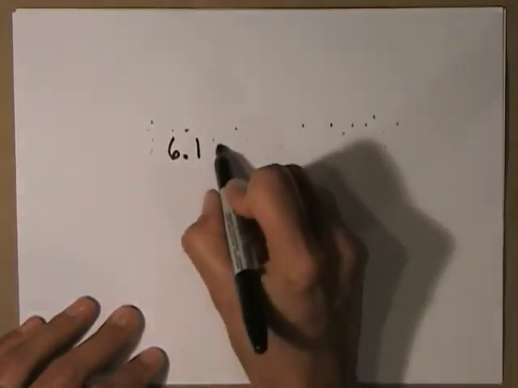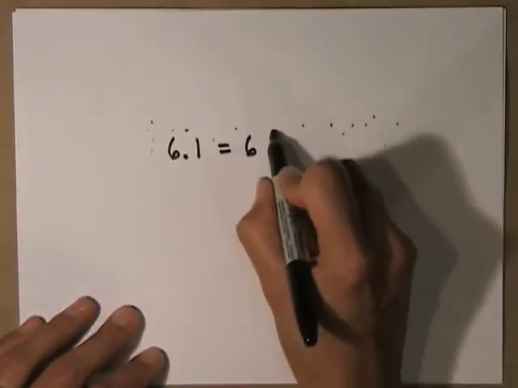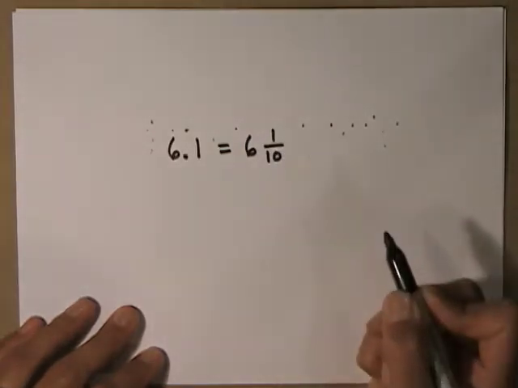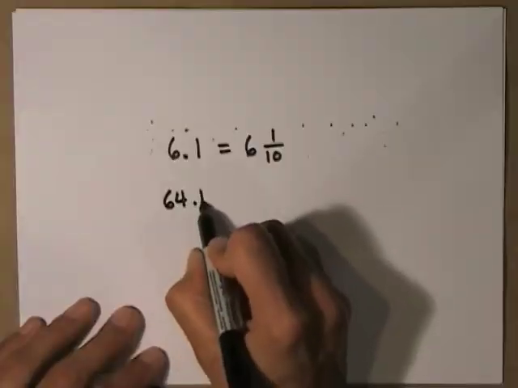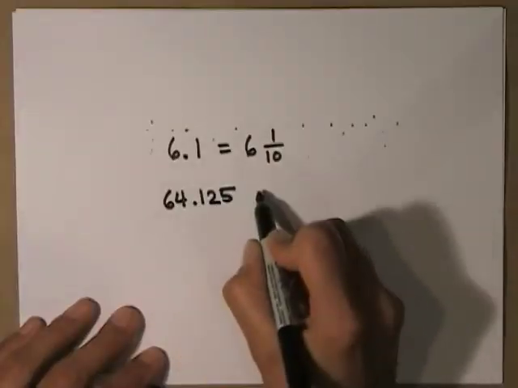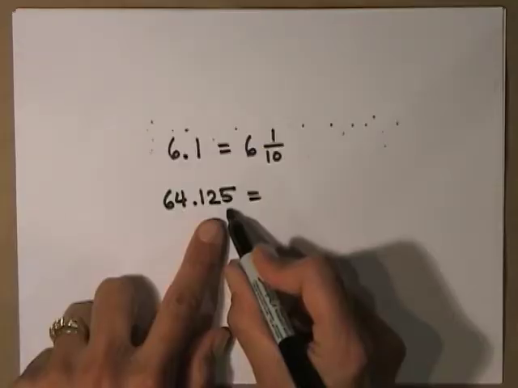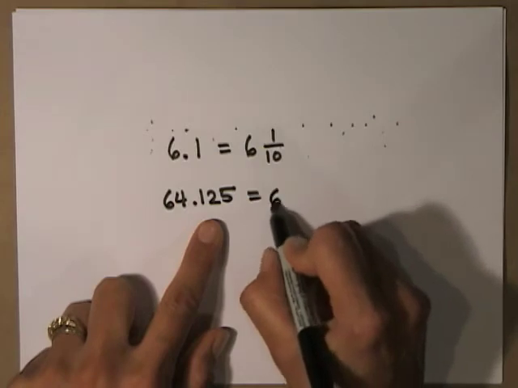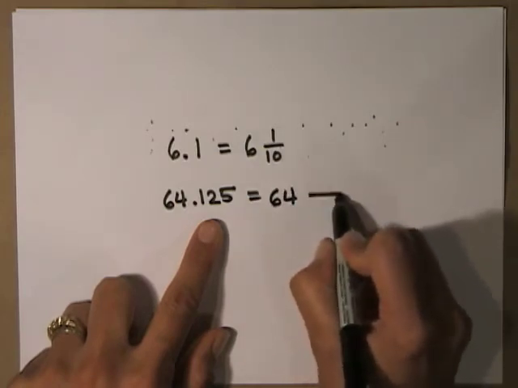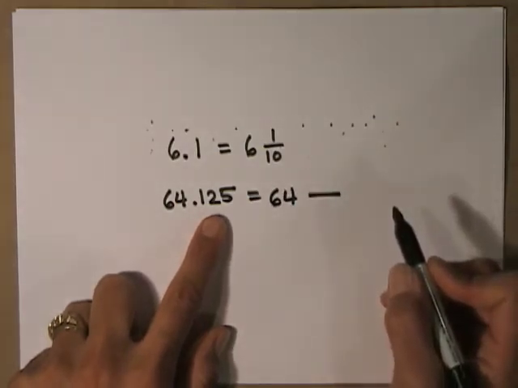So if I have a decimal like 6.1, that is the same as 6 1/10. If I have a number, for example, 64.125, and I want to rewrite this one as a fraction, I look at the last place in my decimals, and that becomes my denominator. So I'm going to leave my 64 as a whole number, and then I want to rewrite the 0.125 as a fraction.